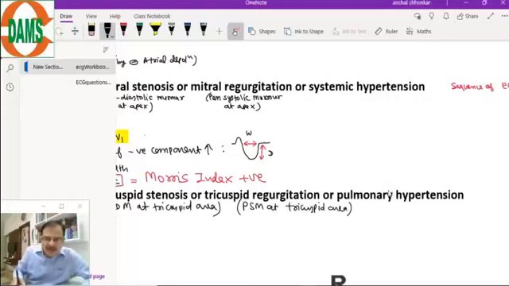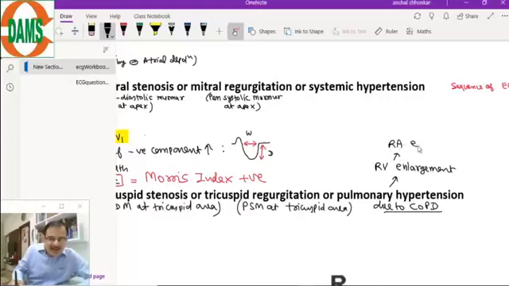One cause of pulmonary hypertension is COPD, and because of that pulmonary hypertension there is right ventricle enlargement first, and that will cause right atrial enlargement.